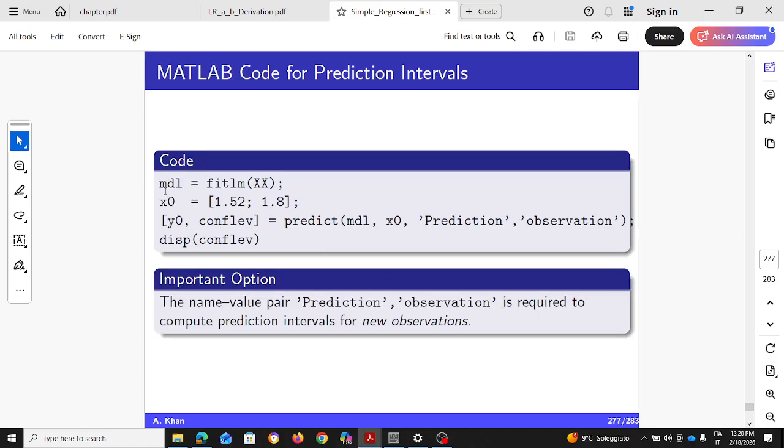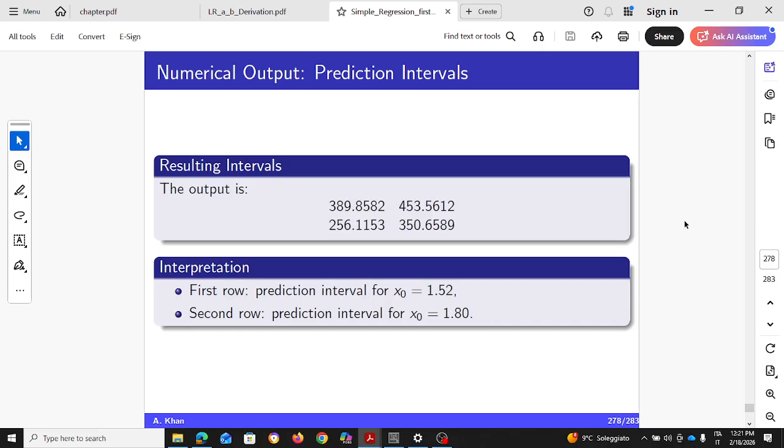In MATLAB, we follow these steps. We fit our data. The new values are these, and we want to predict them and know the confidence interval. The next arguments are predictions and observations. These two arguments are required to compute the intervals, specifically for the new observations, and in the output you will get this.